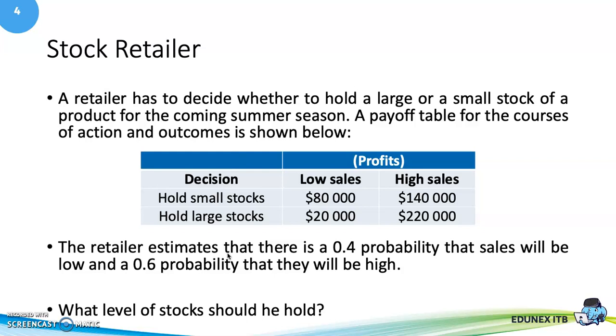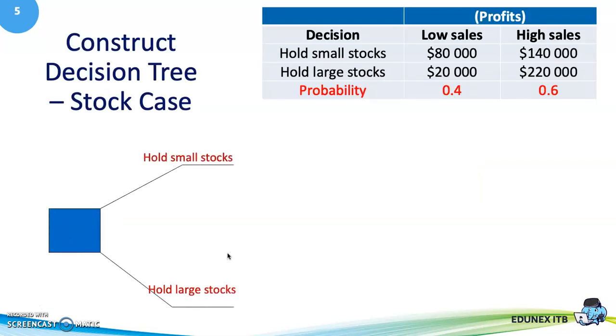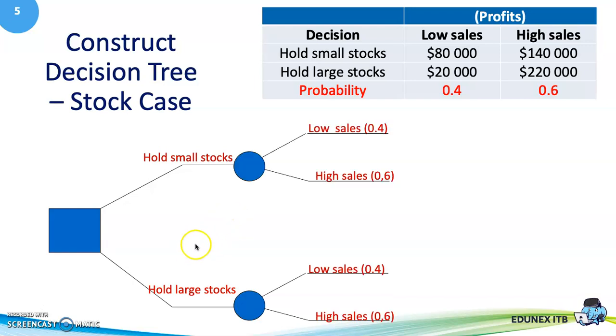So in this case, we still have the basic information that we call the prior probability. If you have two options or the alternatives here, whether hold small stock or hold large stock, then you come up with the future event or states of nature, whether you produce the low sales or high sales.